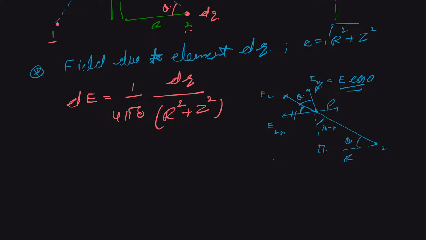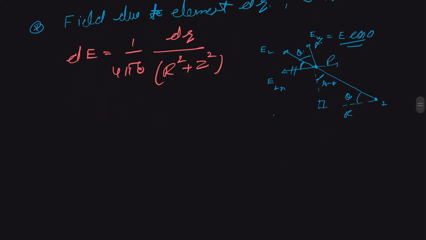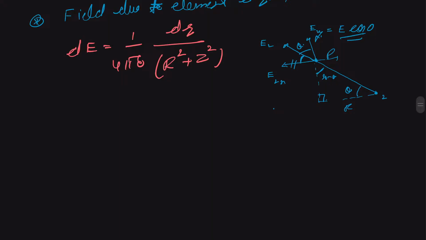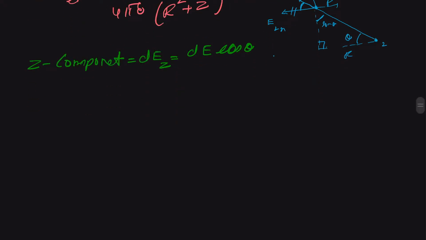Therefore, the z component is the only one left. dEz will be equal to dE cos theta, and we already know dE, and we can also write the value of cos theta.